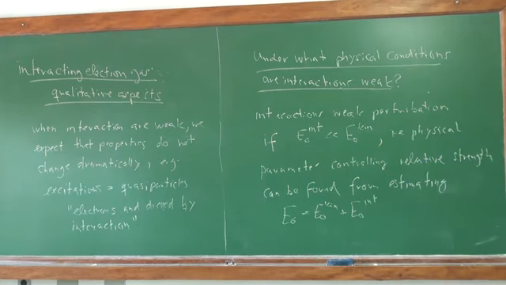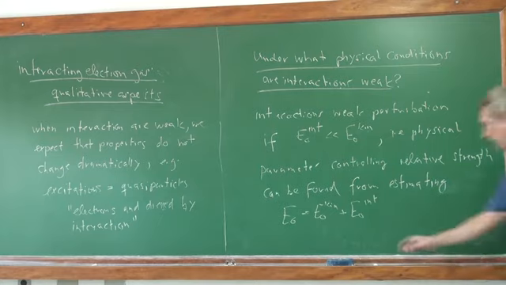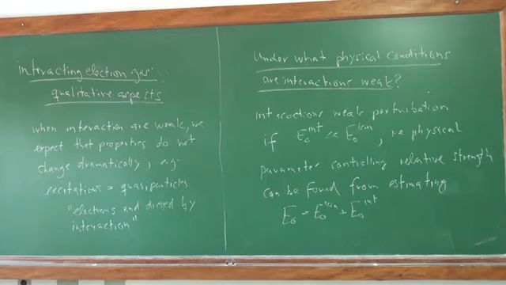So let's use this picture to try to identify the parameter that decides if we have weak or strong interactions. This is all very qualitative, just to get some feeling of what might be going on. Of course, later on, when we do the calculation, we should try to verify if this picture is a good picture or not.